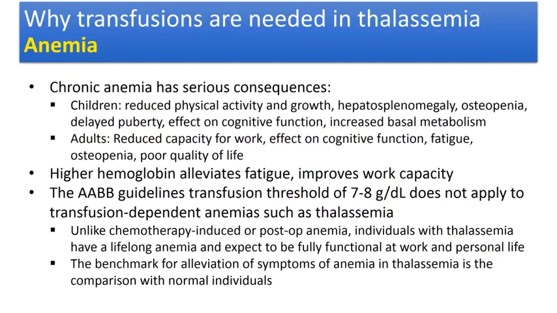But this does not apply to transfusion-dependent anemia such as thalassemia, because unlike chemotherapy-induced or post-operative anemia, individuals with thalassemia have a lifelong anemia and expect to be fully functional at work and in personal life. And secondly, the benchmark for alleviation of symptoms of anemia in thalassemia is really comparison with normal individuals.